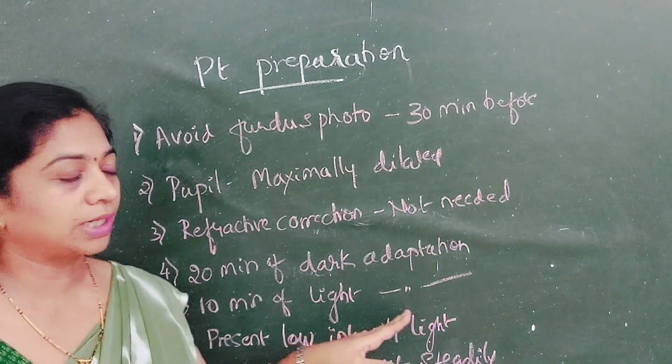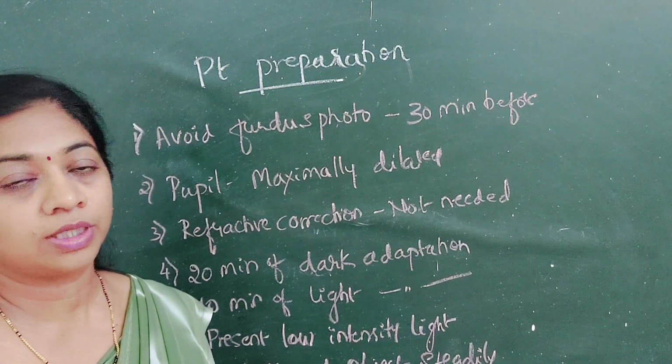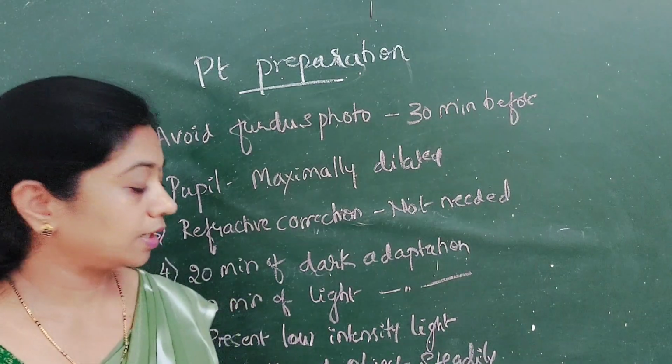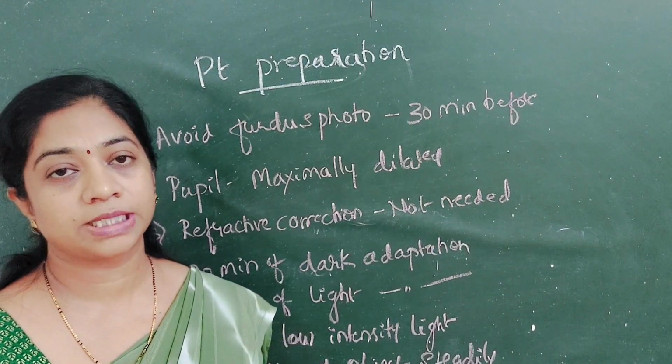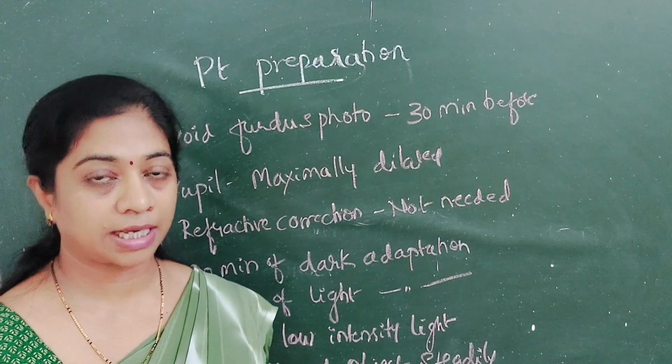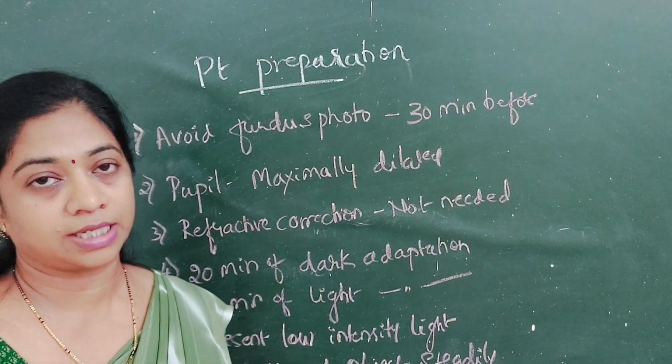And whenever you are going for the light adapted ERG, go for the low intensity light first before going to the high intensity light. And finally, the patient should be instructed to look at the object steadily, because the ocular movements can influence the ERG outcome. This is how the patient should be prepared for ERG.